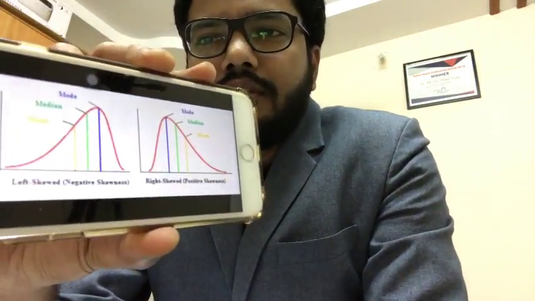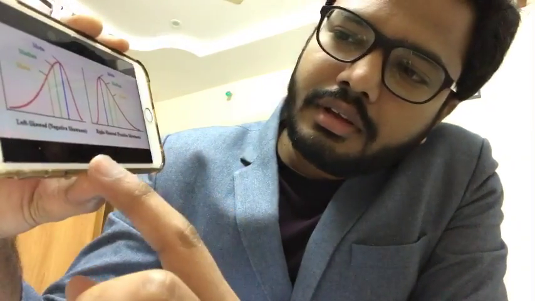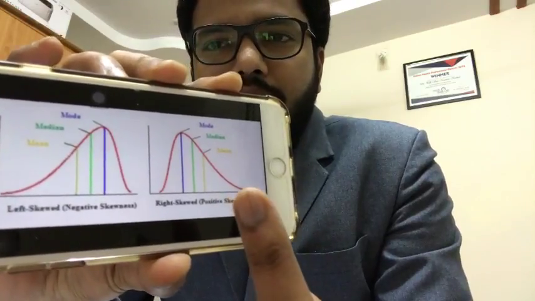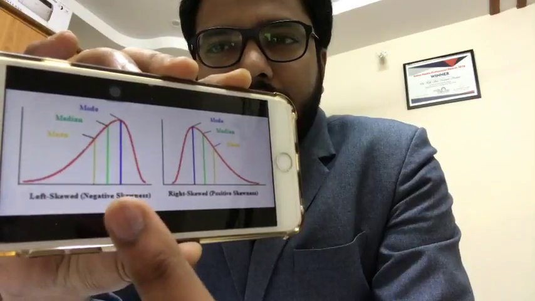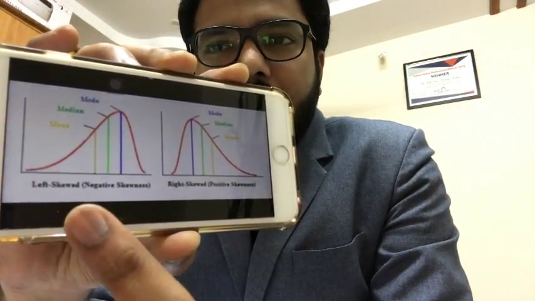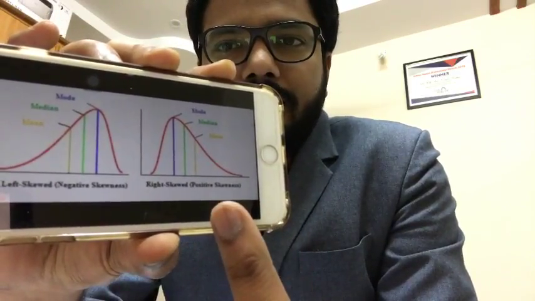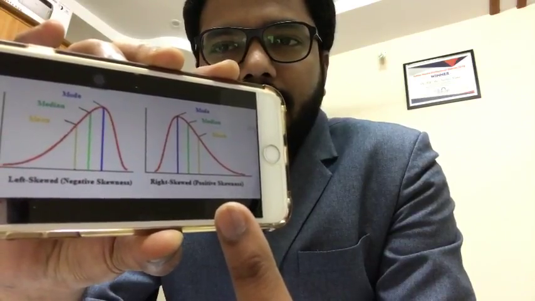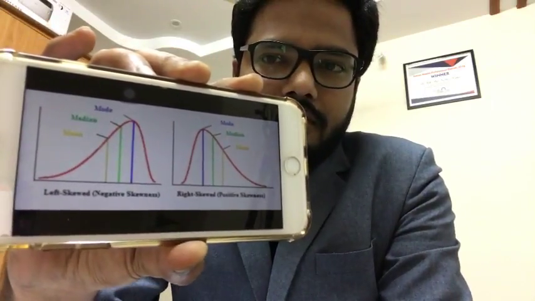As you can see in this image, on the left side, it's written negative skewness. The right image shows positive skewness. When the mean value is less than either median or mode, in such cases we see negative skewness. On the other hand, when the mean value is greater than the median or mode, we call it a positively skewed distribution or positive skewness.